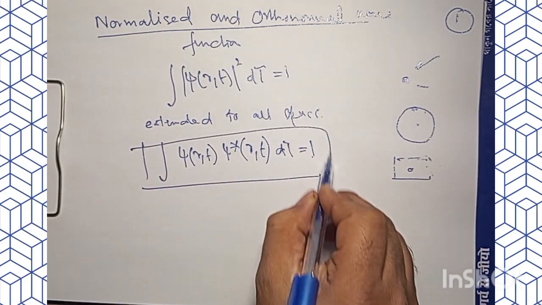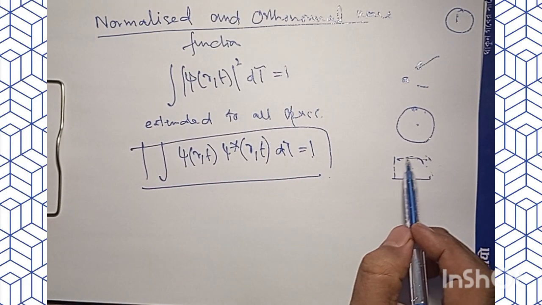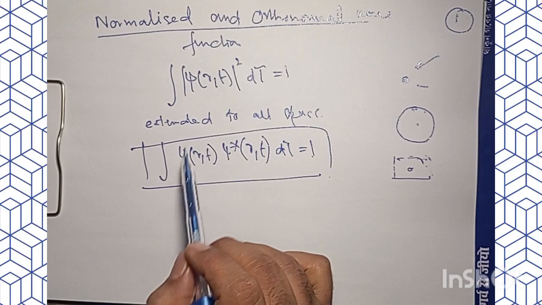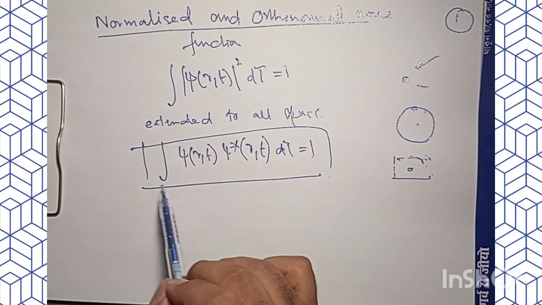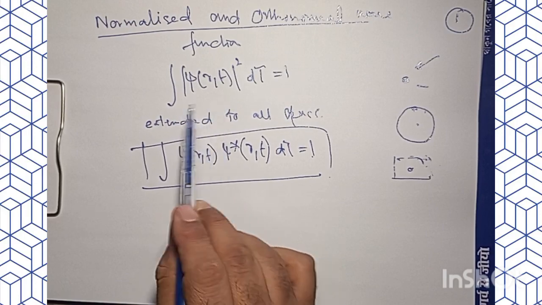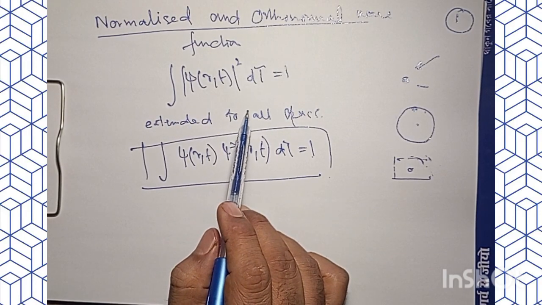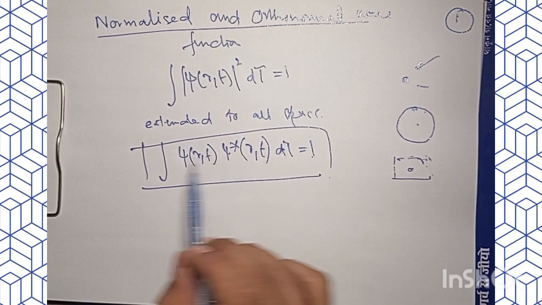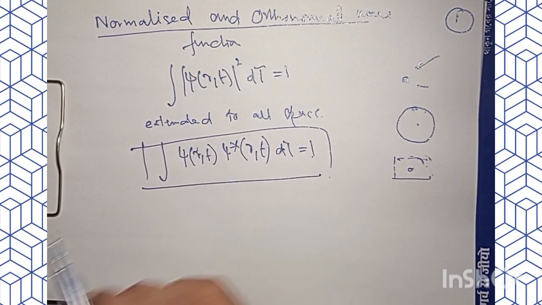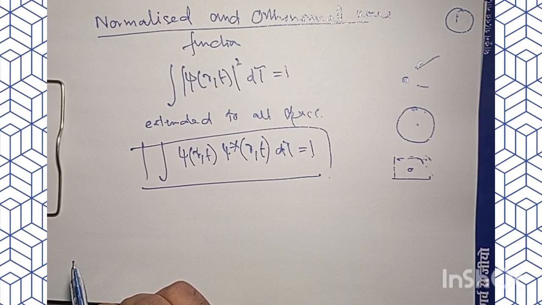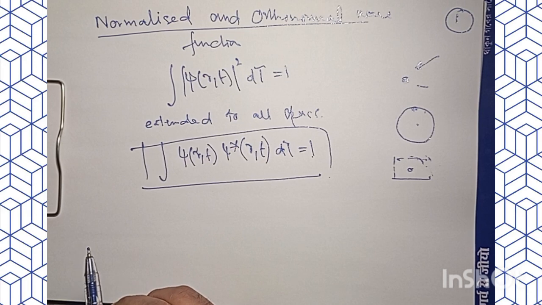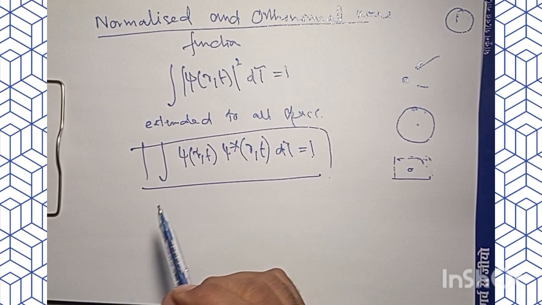Now, since the particle is somewhere within this box, the integration over this probability density should give us 1. Getting this 1 by integrating over the whole space, we call this normalization.